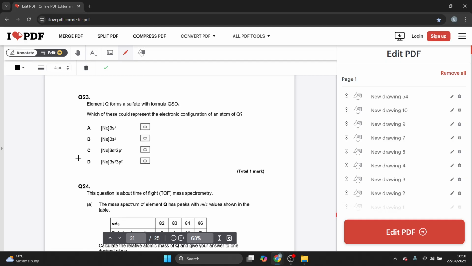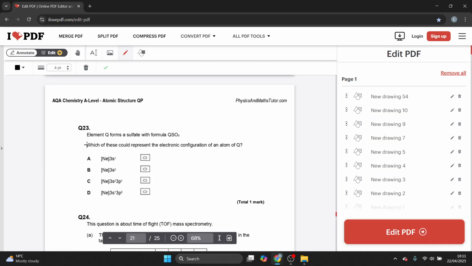Element Q. Element Q forms a sulfate with formula QSO4. Which of these is the electronic configuration of an atom of Q? Q forms a sulfate with formula QSO4. What is this multiple choice question? Neon. Well, how many electrons does neon have? Neon has 10 electrons.